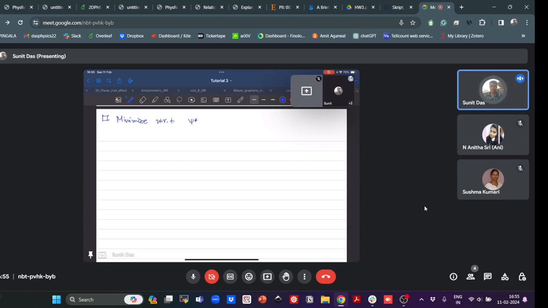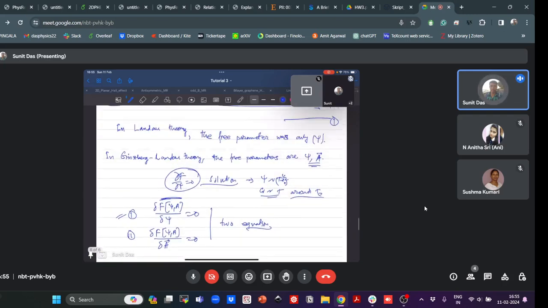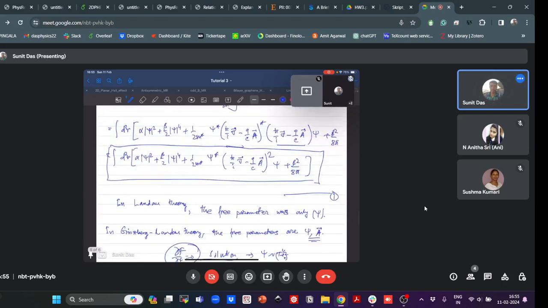The same thing will happen with psi as well, nothing different. So if we take the derivative of this term, then what will happen?